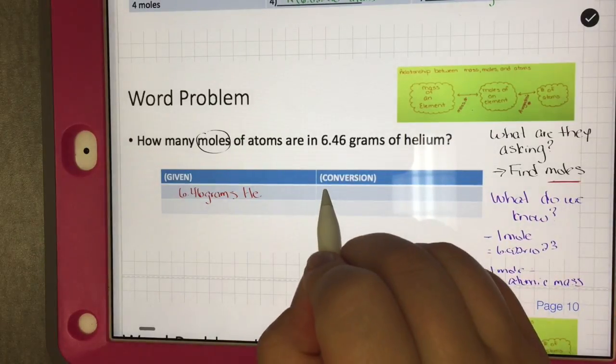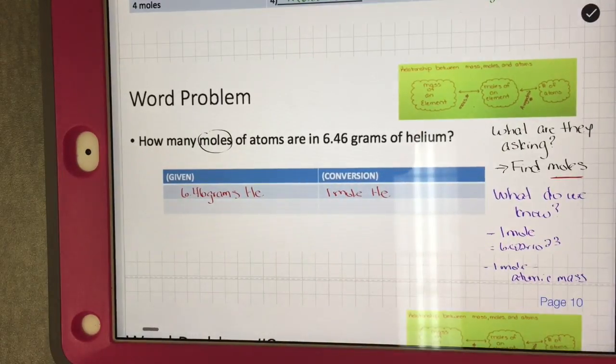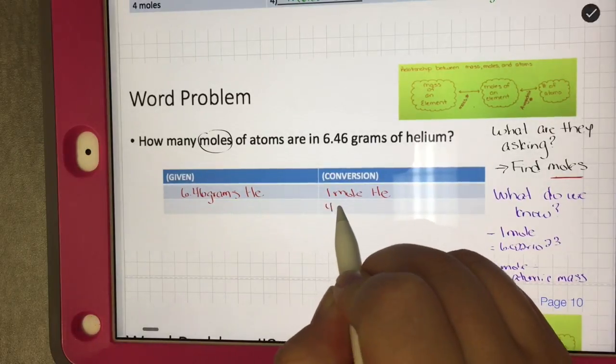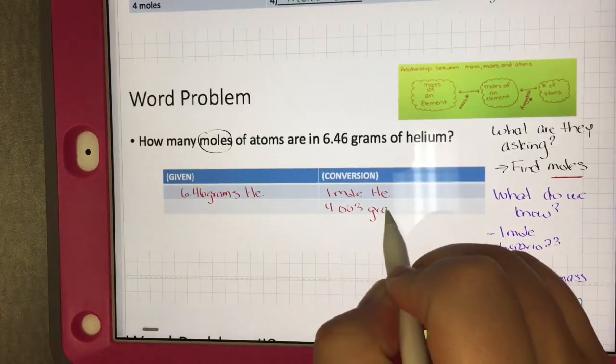And so we know that 1 mole of helium is equal to its atomic mass, which is 4.003 grams.